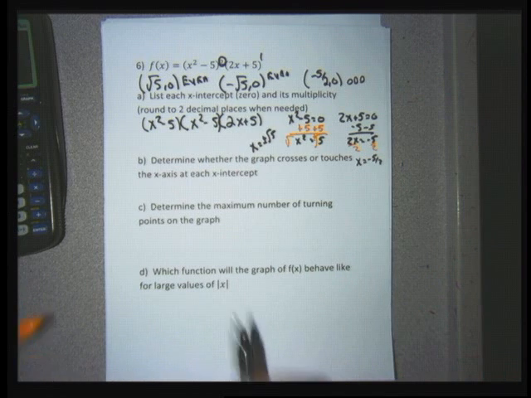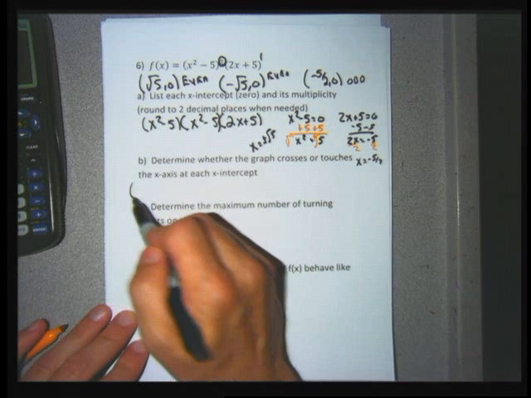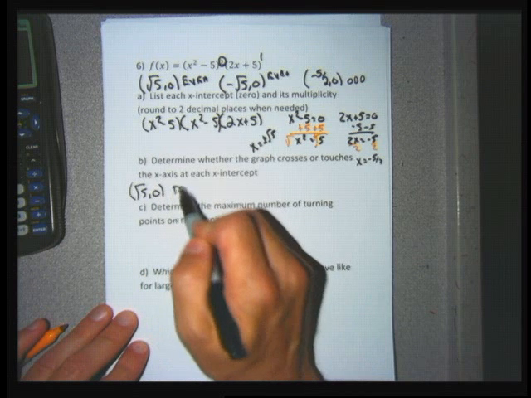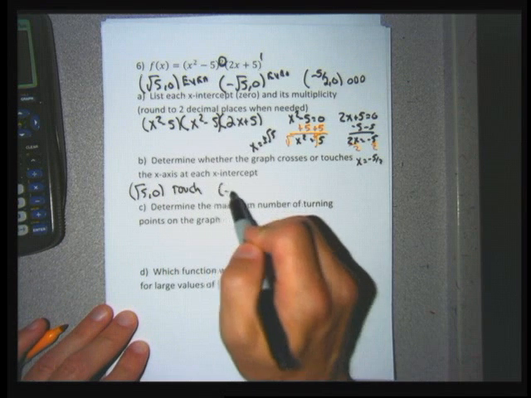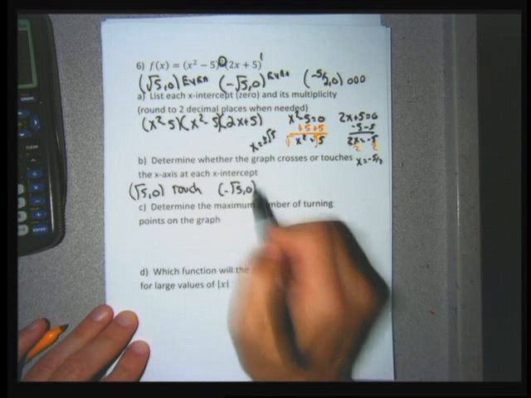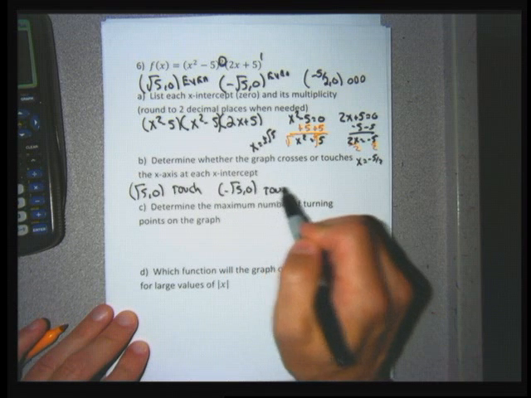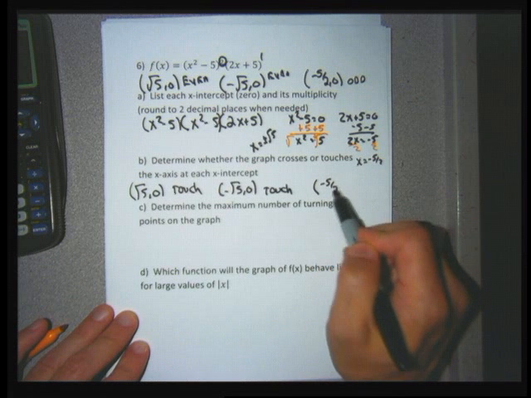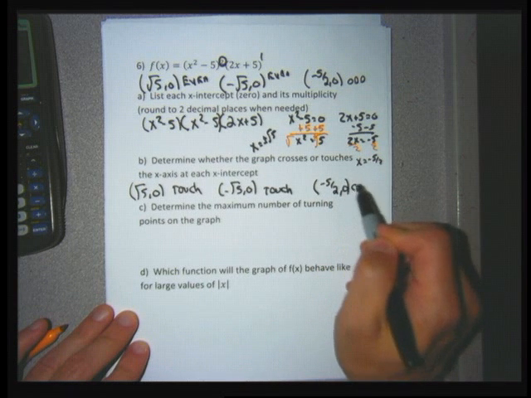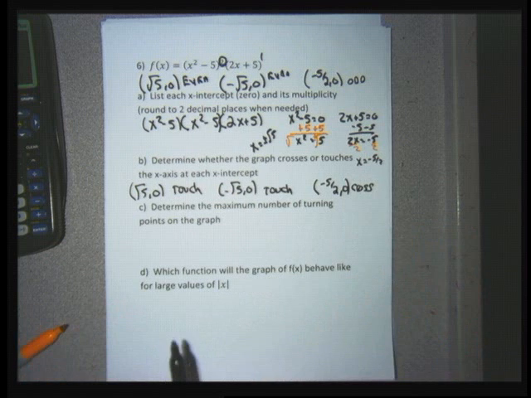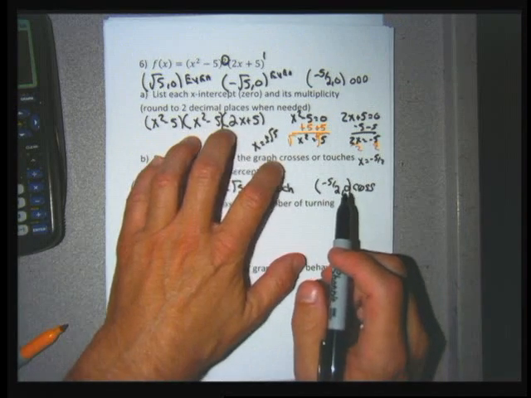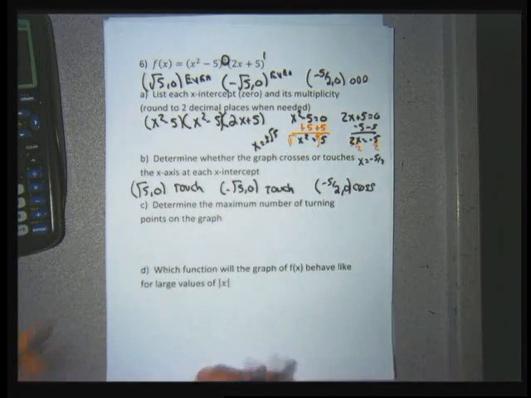So there's 3 x-intercepts at both the square root of 5, comma 0 and the negative square root of 5, comma 0. The graph is going to touch but not cross. And at the negative 5 halves, comma 0, the graph is going to cross. So it's factored. I set each factor equal to 0 and solve using the algebra I need.